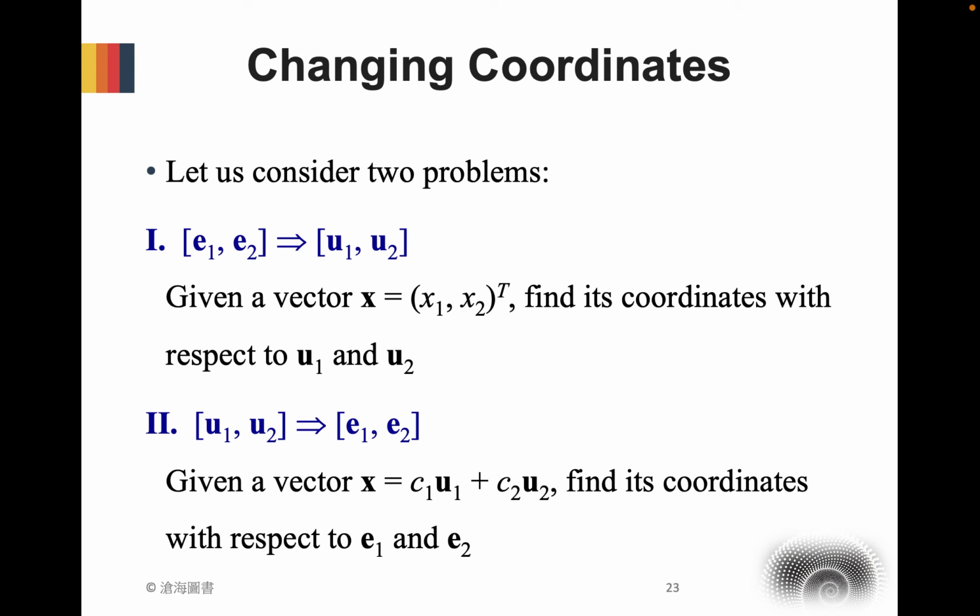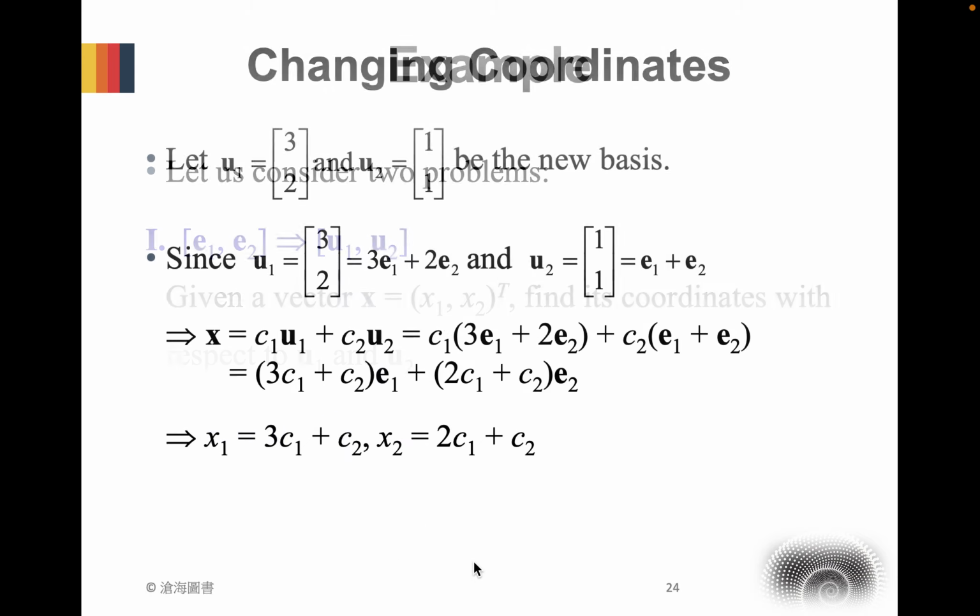And on the contrary, we can also take a vector x originally represented with respect to u1 and u2, and find its coordinate vector with respect to e1 and e2. How can we do that?